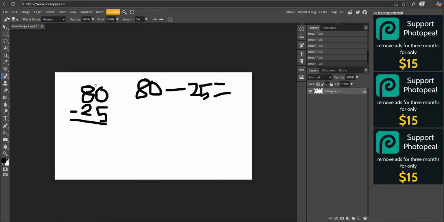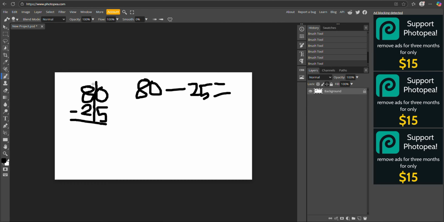Basically, the easier way is, let's say, instead of this being 80, how about this is 8 and this is 0? Instead of this being 25, this is 2 and this is 5.